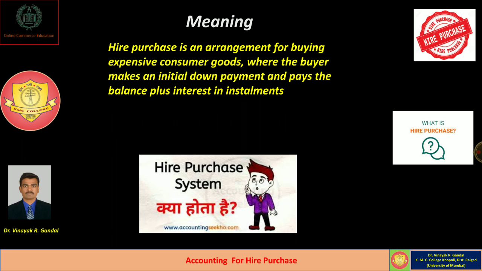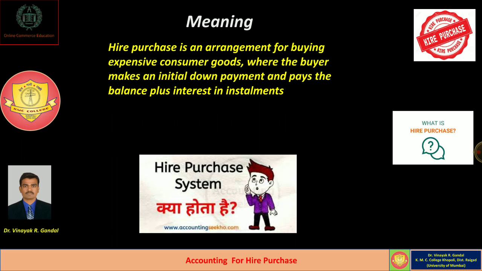So the hire purchase system is a system which is more beneficial to the buyer to buy goods having a high cost, and that can be used by the buyer when it is purchased.